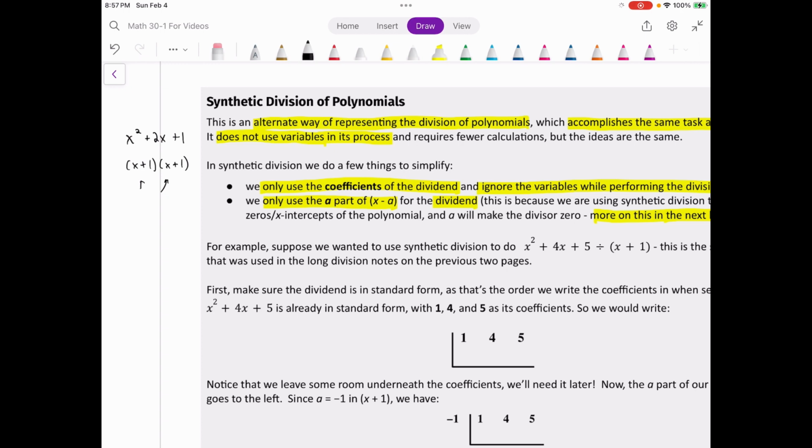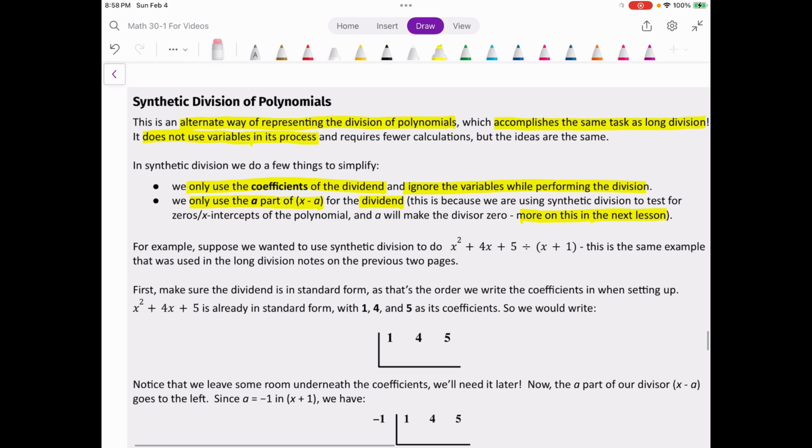So the reason we're so focused on this a value is we're eventually going to use this to test for x-intercepts and to find x-intercepts, and therefore to eventually find factors, which will allow us obviously to factor a polynomial function. So that is why we're focused in part on that x minus a format, okay?